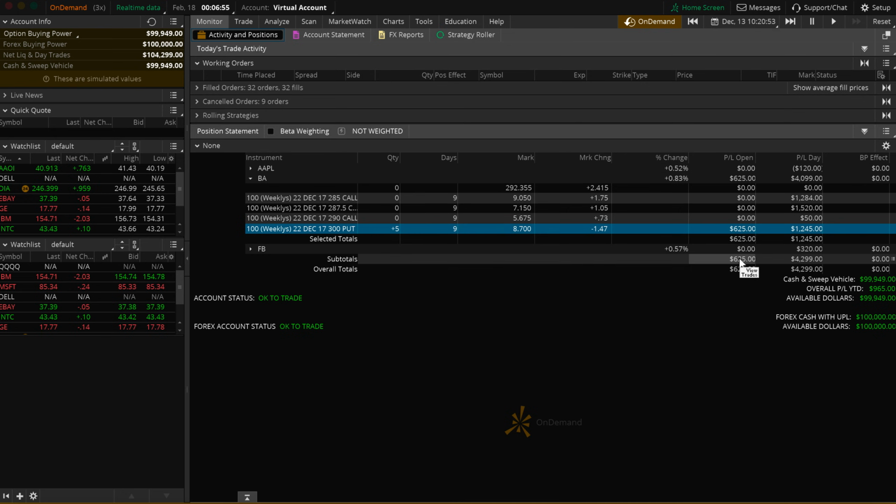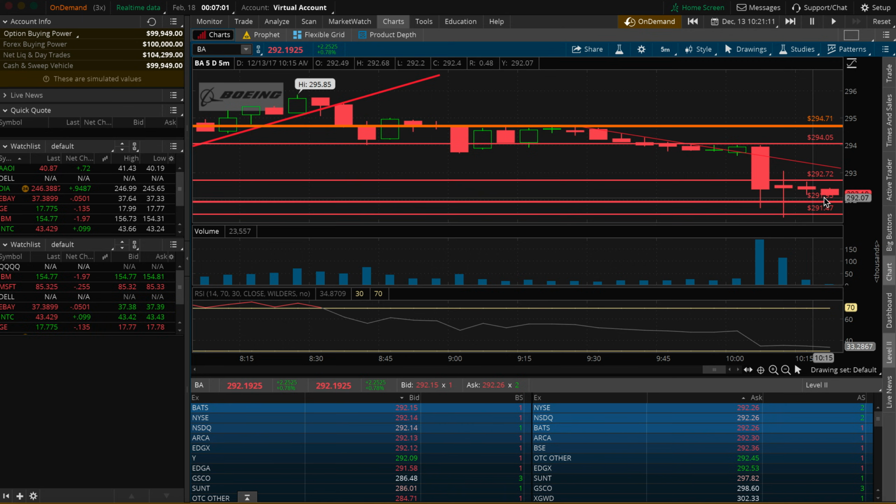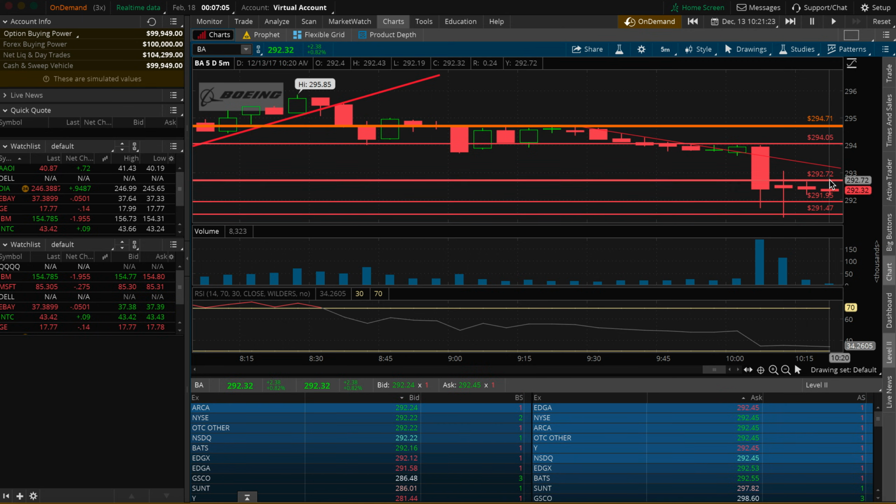let's see where we're at. 625. Okay. Remember, this is resistance. This is support. This looks like strong support as this one hit that and came back up.